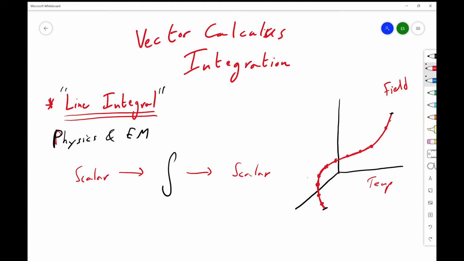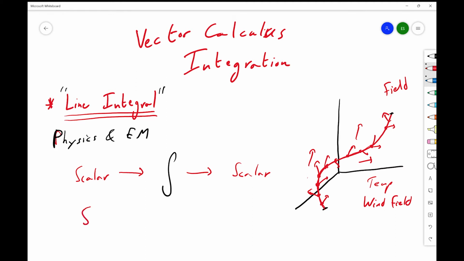I could do another sort of summation. Let's say I have a wind field, like wind speeds everywhere in space. I could move along the path, and then I could sum up the vector at every point. So I'm adding up vectors together, and in the end my sum would be a vector sum.